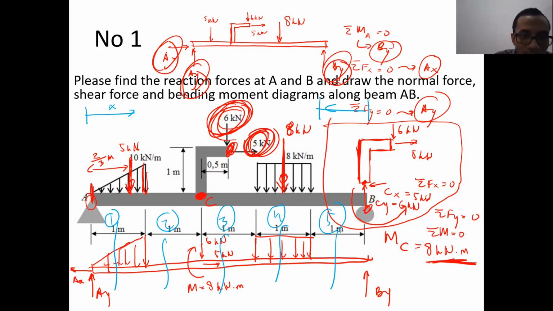And then there is a discontinuity here because of a concentrated force and moment. Then there is a discontinuity here because previously there was no distributed force and suddenly a distributed force appears.